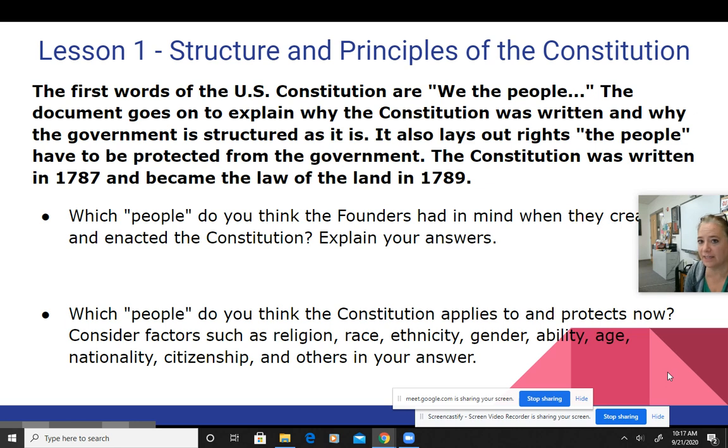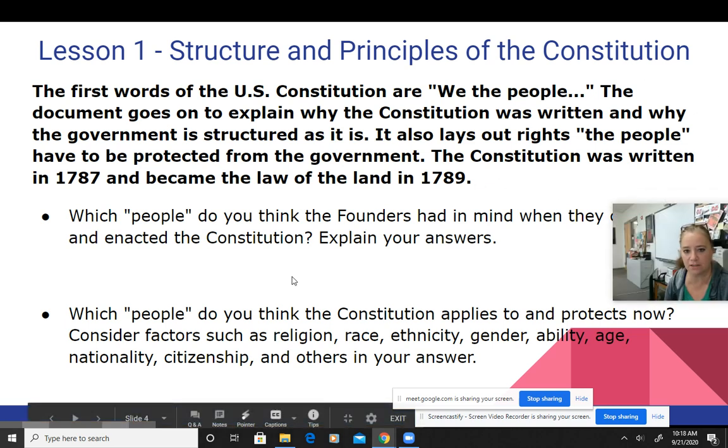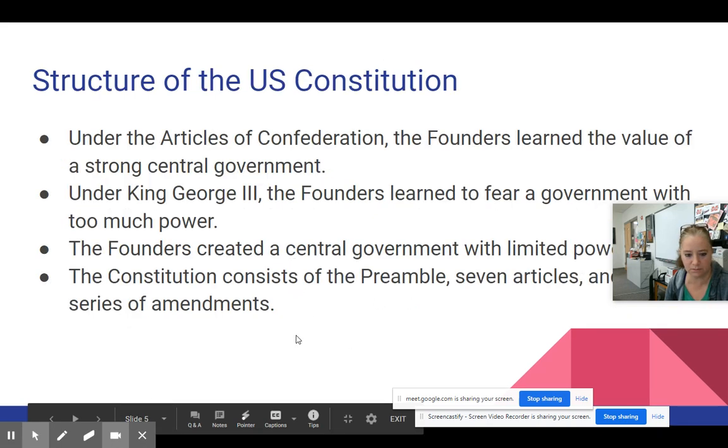I know it hasn't looked like it with the news and things that have been going on lately. And if we were in class, we could have a long conversation on that, but it does apply to everyone now. And there's been amendments passed along the way that made that a reality. And we're going to talk about the amendments as we go.